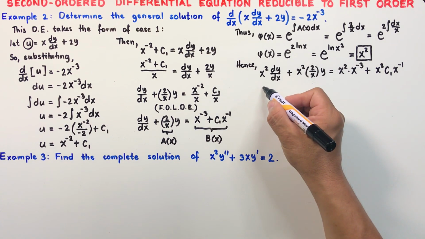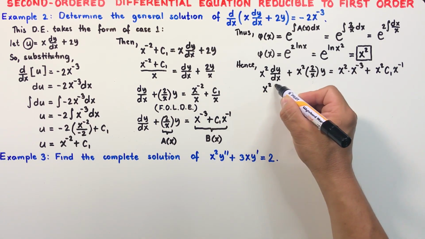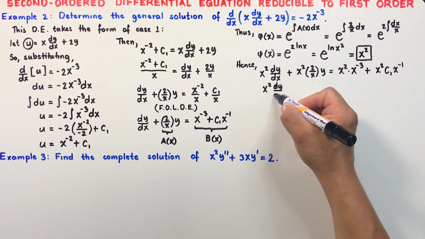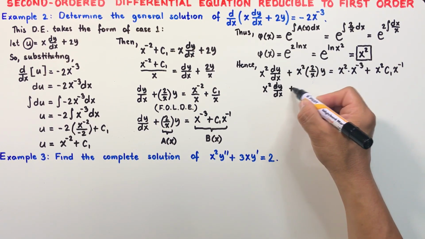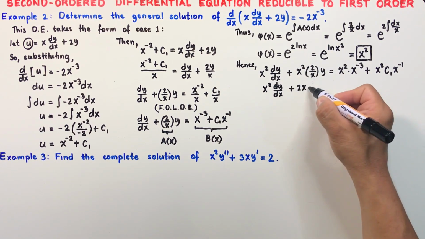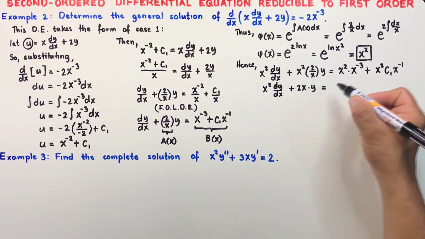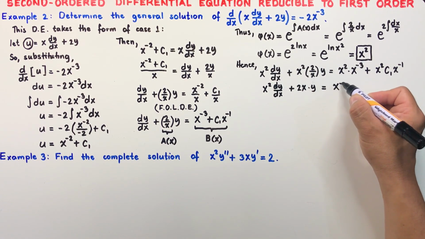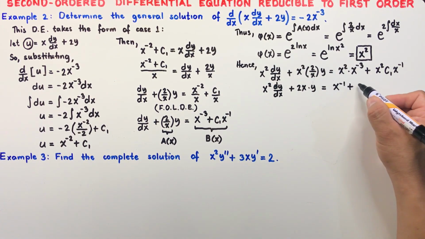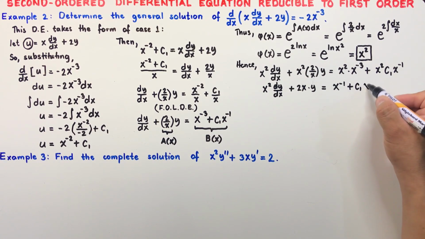So simplifying further, we have x squared times the derivative of y with respect to x plus 2x times y, which is equal to x to the power negative 1 plus c sub 1 x.